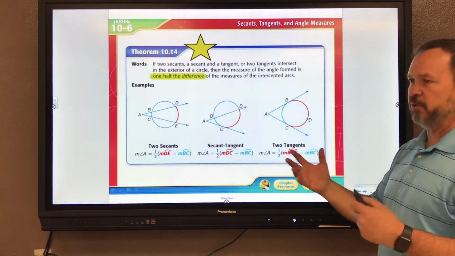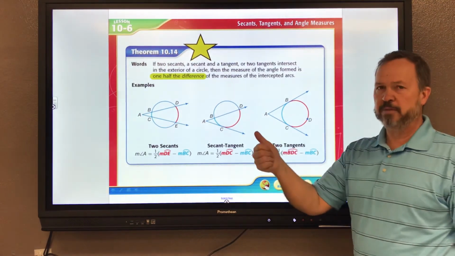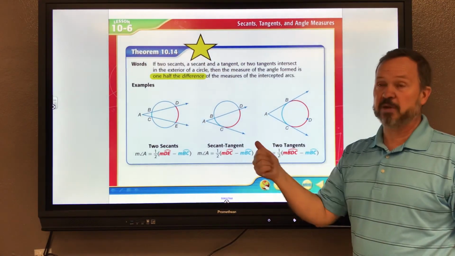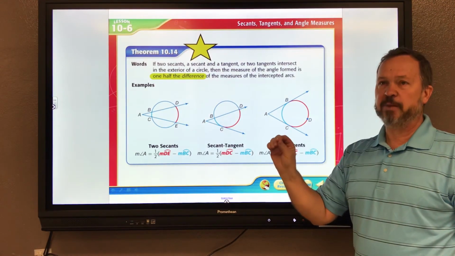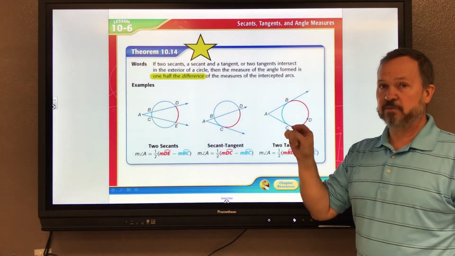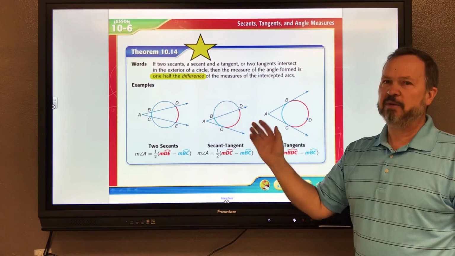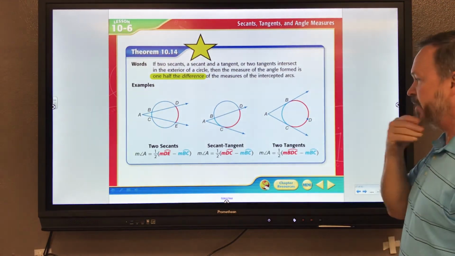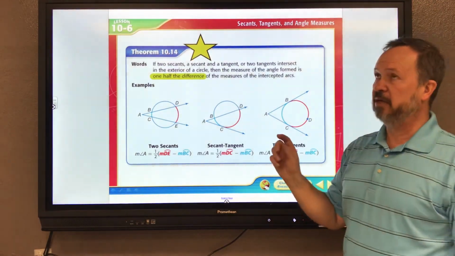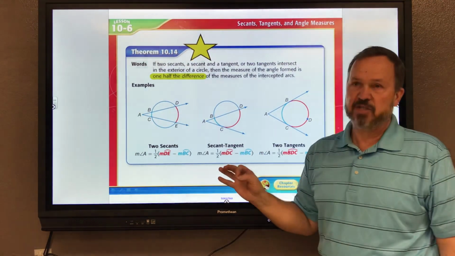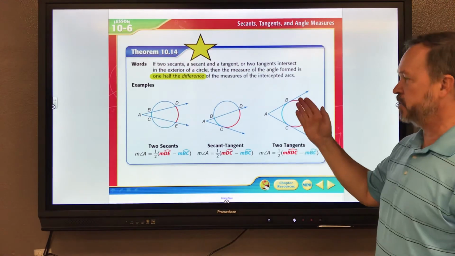And they all have a relationship. Central angles are 1 to 1: whatever the central angle is, the intercepted arc is. Inscribed angles, it's half and double. Interior, remember it was average. We just did it a few minutes ago. And now we've got this one, and this one is half the difference. Now, the interior was half the sum. That's what average is, half the sum. So the exterior is half the difference.